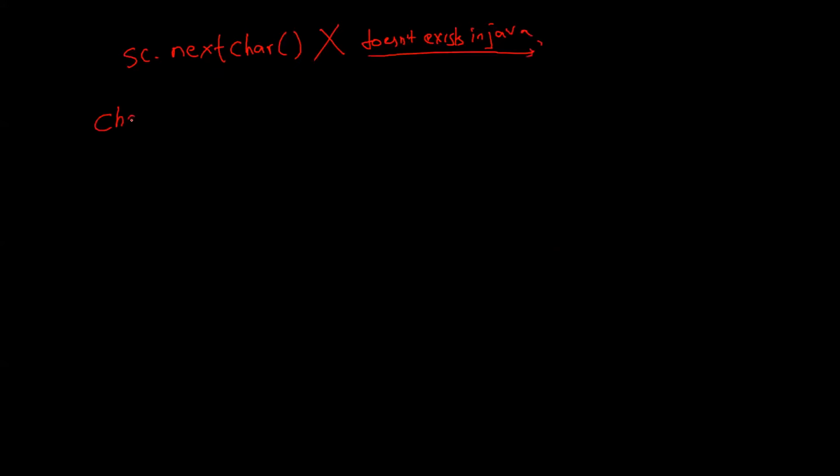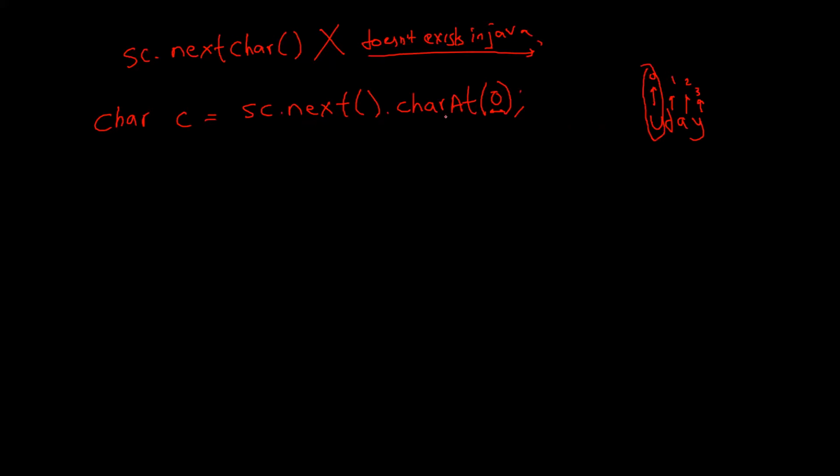If you want to take a single character, what you'll do is sc dot next. With next you will get the string, but then you'll do charAt, which is a method of a string. For now understand it this way: charAt 0, 0 meaning the first character of the string. If I type Uday, this has index 0, this is 1, this is 2, this is 3. So if I put charAt 0, it means it needs to take the first character.